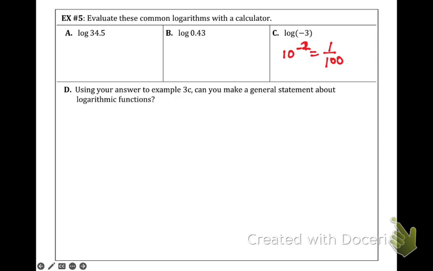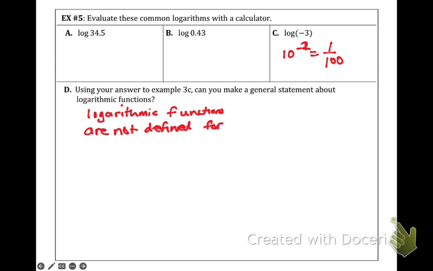Okay, so D. Using your answer to example C, can you make a general statement about logarithmic functions? So logarithmic functions are not defined for negative values, sorry for the really bad handwriting, of x.